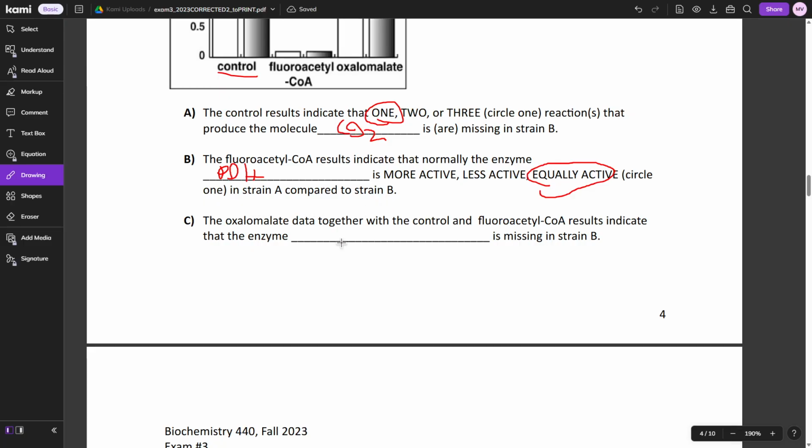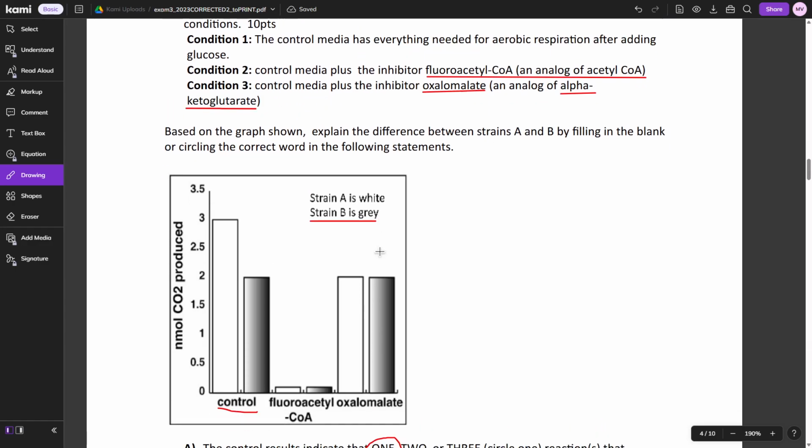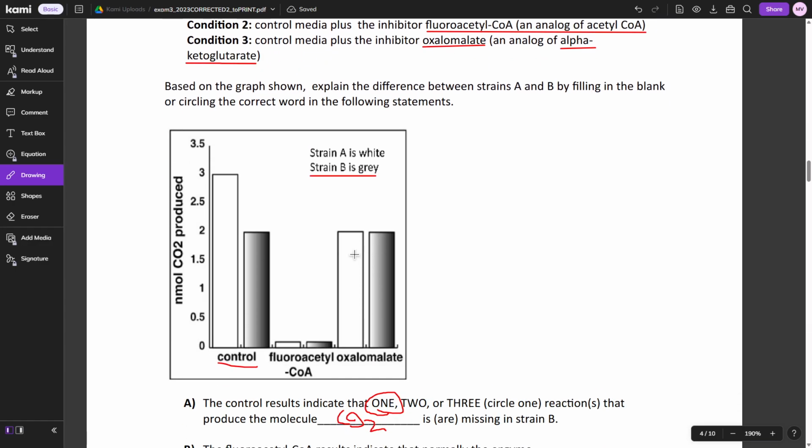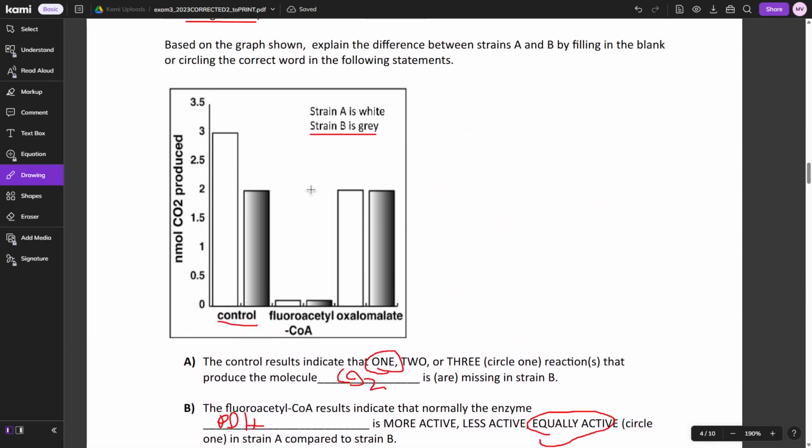So if we look at the oxalomalate data, we can say that in this case alpha-ketoglutarate dehydrogenase is inhibited in both of these strains. We can see that for strain A, we are clearly missing a carbon produced.